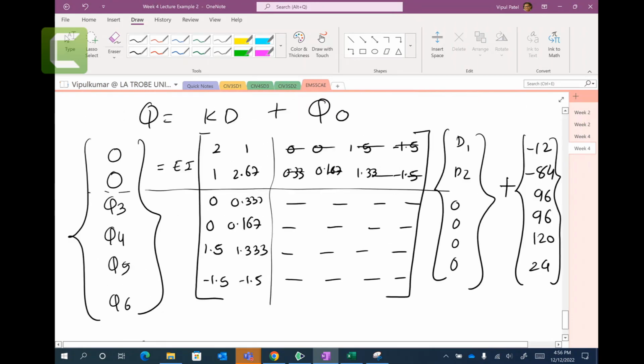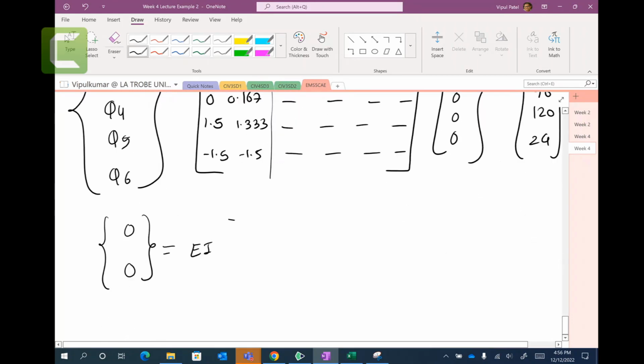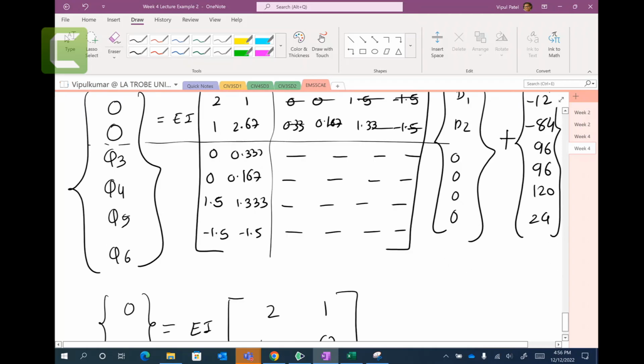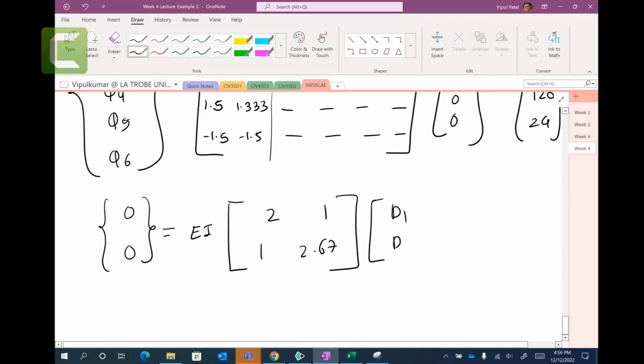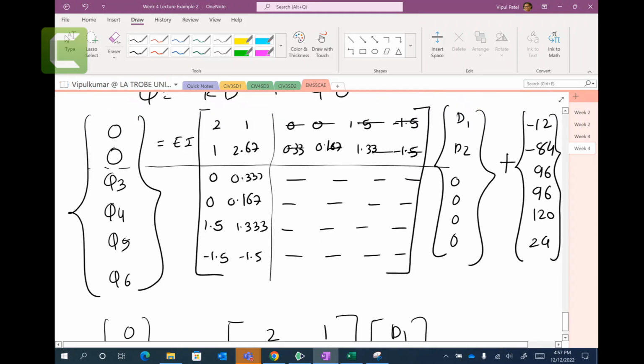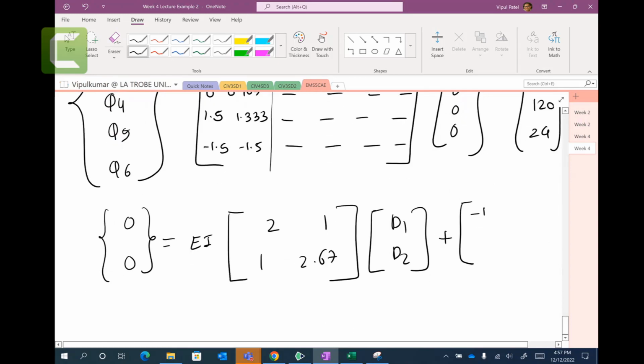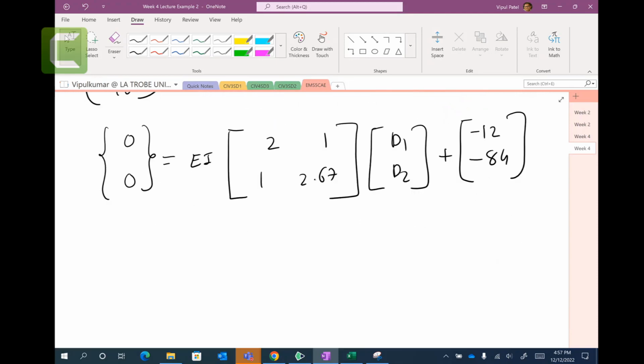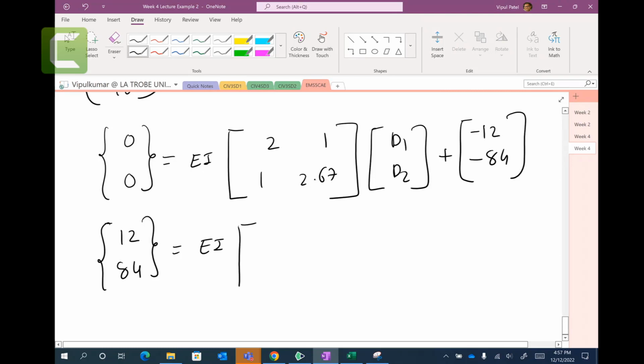I'm just copying this first part: EI, 2, 1, 1, 2.67, and D1, D2, plus minus 12, minus 84. I just copied the whole first bit. If I bring this one across, that becomes positive 12, positive 84, equal to EI, 2, 1, 1, 2.67, D1 and D2.